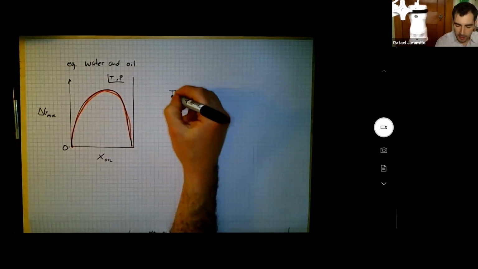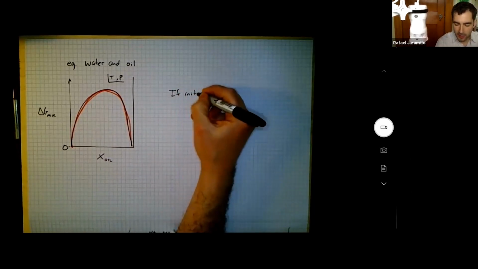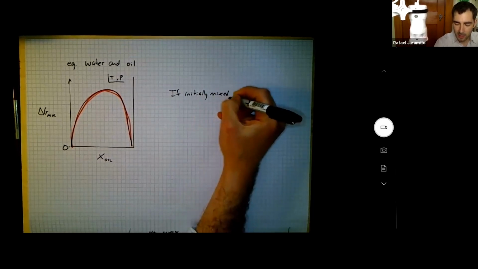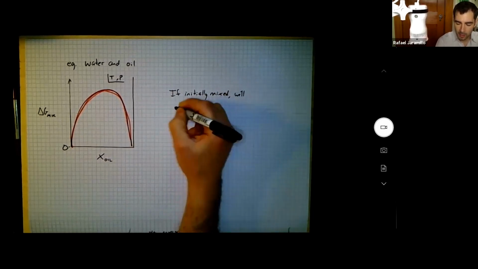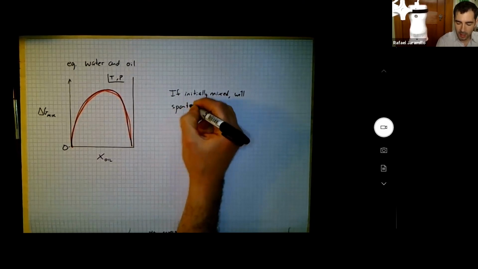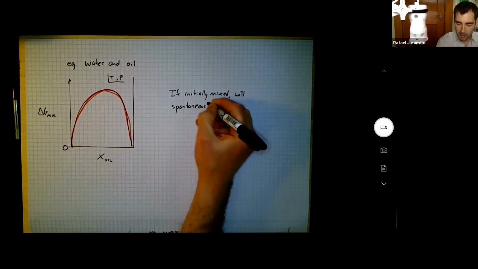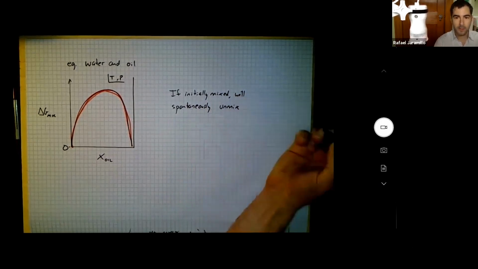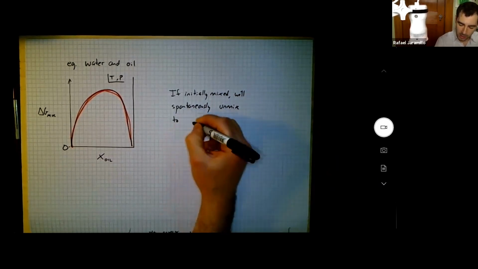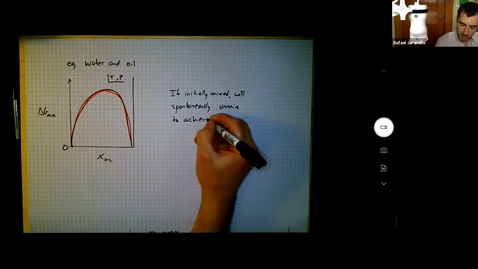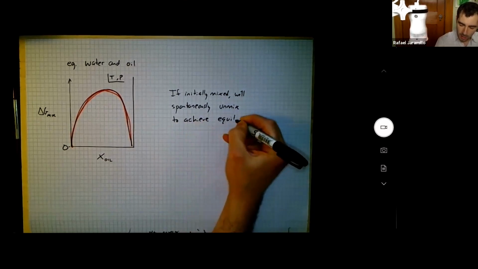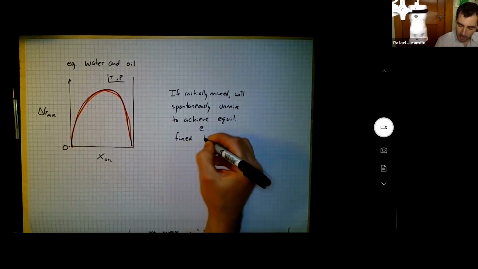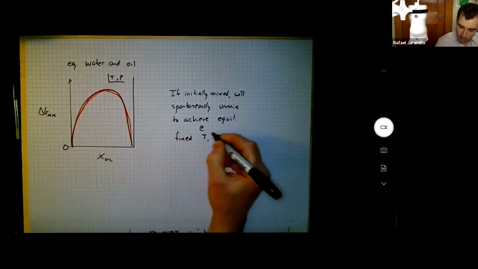And what that means, if the system is initially mixed, it will spontaneously unmix to achieve equilibrium at fixed temperature and pressure.